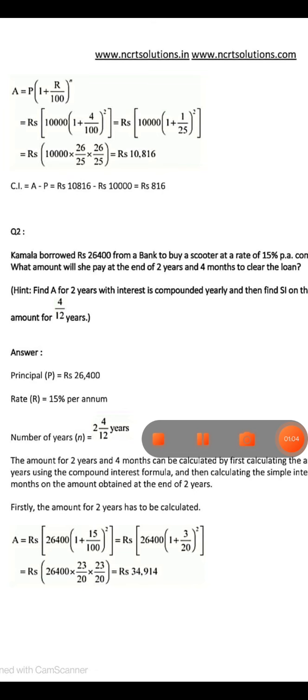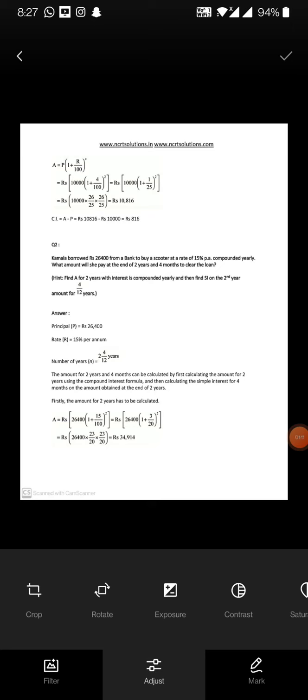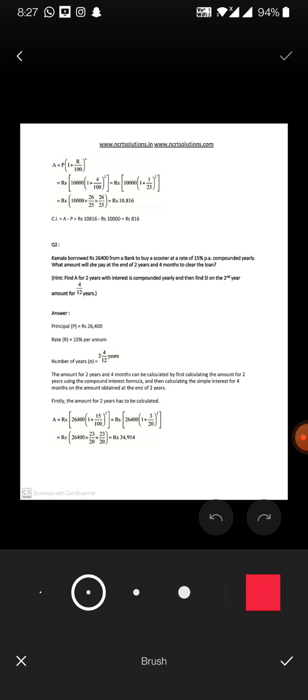So let's see how to calculate. So the formula of compound interest. We need to calculate first of all the compound amount for 2 years.